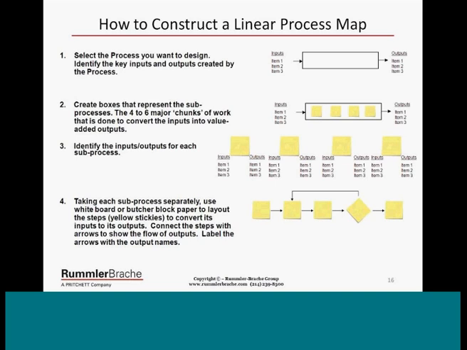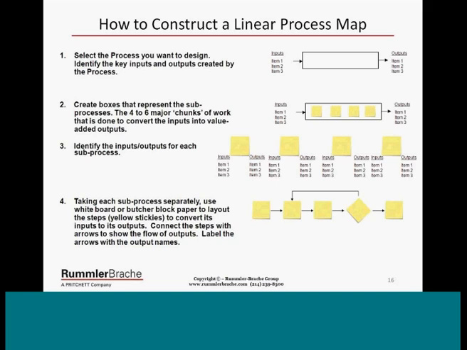What you want to do is have this high-level context first. And so you want the 4 to 6 major chunks of work. These should provide something of value that gets you closer to that end output. And you'll see an example in a moment. And then what we like to do is talk about the inputs and outputs for each sub-process, and maybe even some of the requirements, depending on the complexity of the scope and what you're trying to achieve.